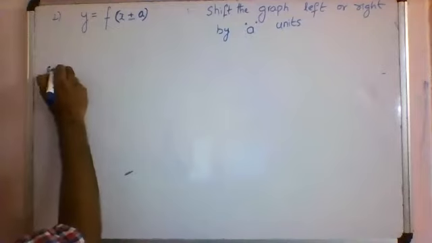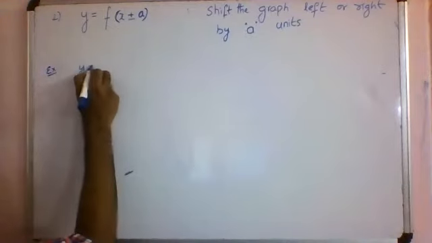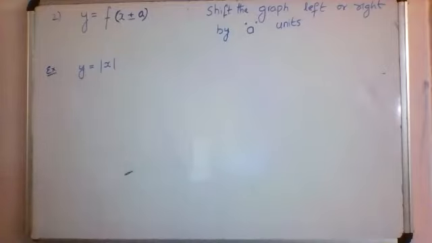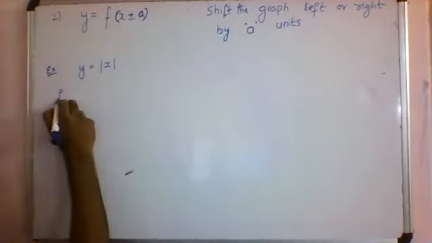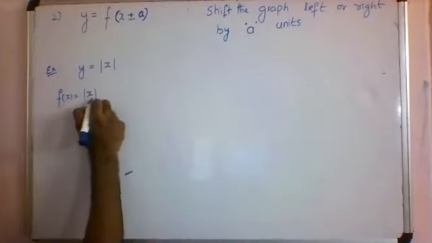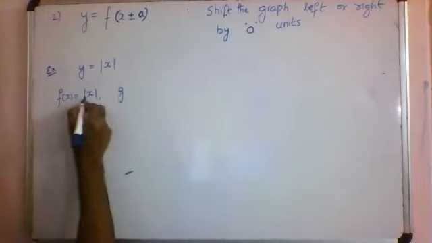Again, I take a simple example, y is equal to mod x. So f of x, y is equal to f of x generally. f of x is mod x, and that is the basic graph.